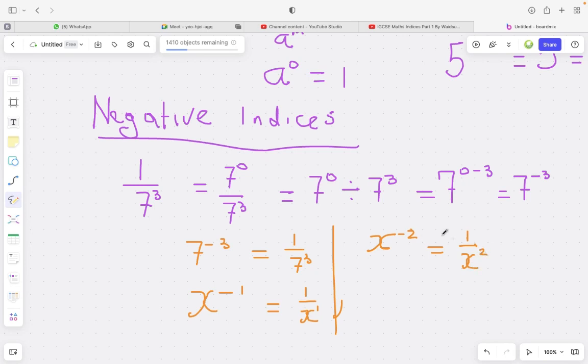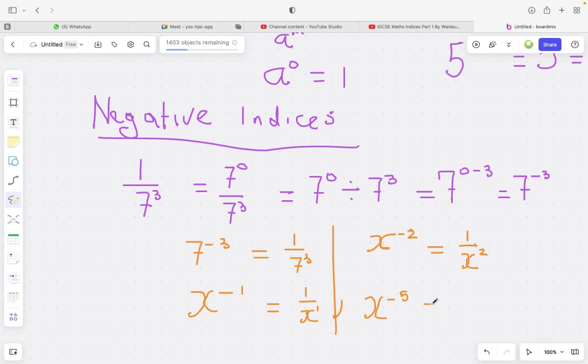Okay? Vice versa. If they give you something like this and want you to express it as negative indices, you just say 1 all over x to the power of 2 means x to the power of minus 2. Vice versa, if we have x to the power of negative 5, it means the same thing.